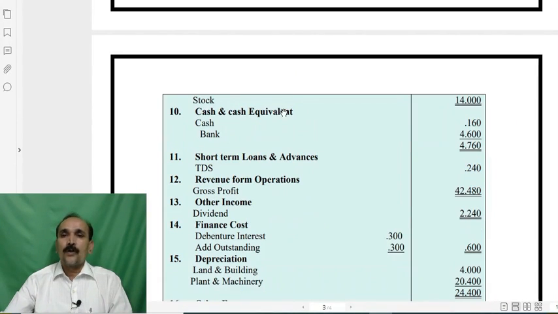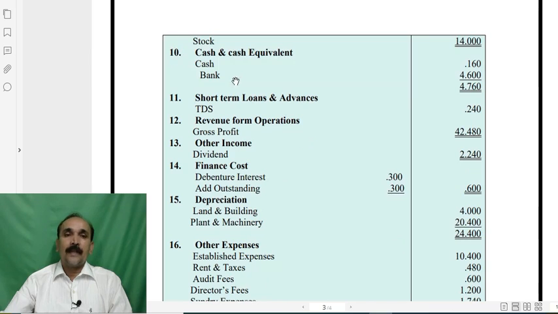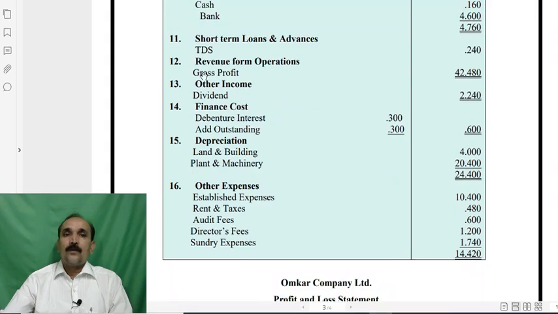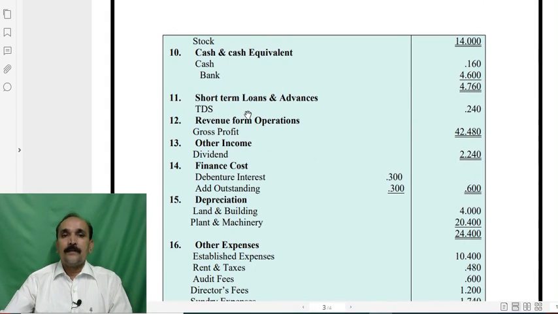Note 8, non-current investments 20,000. It is given in the trial balance. Note 9, inventories, stock 14,000. It is given in the trial balance. Note 10, cash and cash equivalents. These balances are also given in the trial balance. Cash 160, bank 4,600, total 4,760. Note 11, short-term loans and advances.